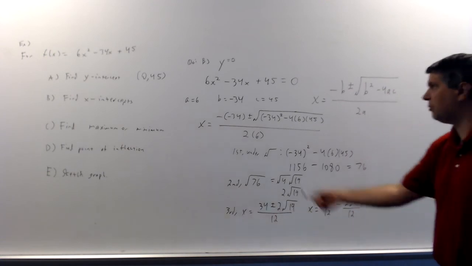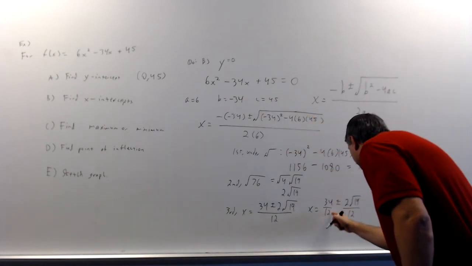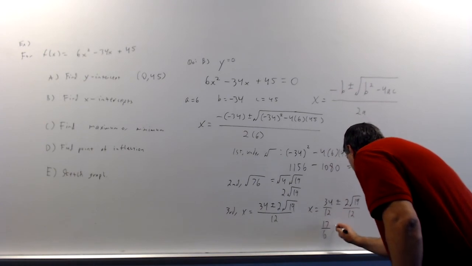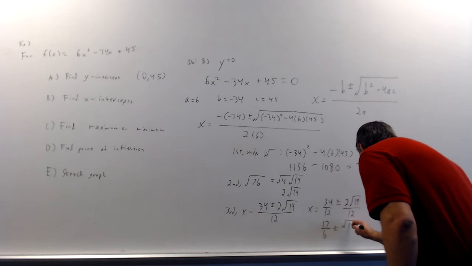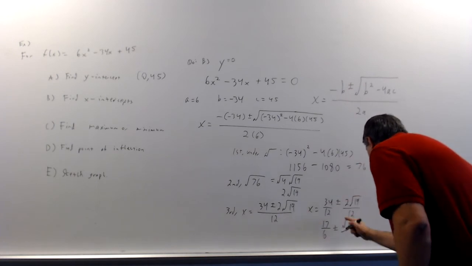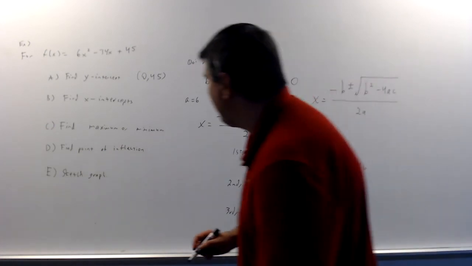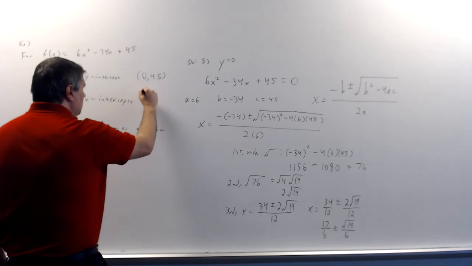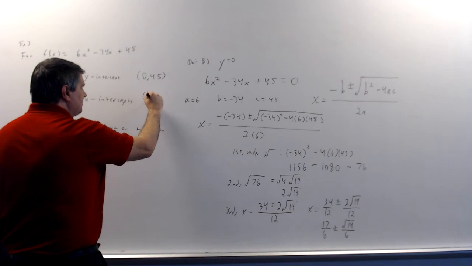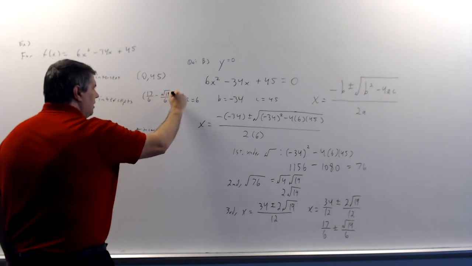I'll do the splitting at the points. These two are divisible by 2, so this will be 17/6 plus or minus the square root of 19, and 2 twelfths reduces to 1/6. So the x-intercepts are 17/6 minus square root of 19 over 6, comma 0.